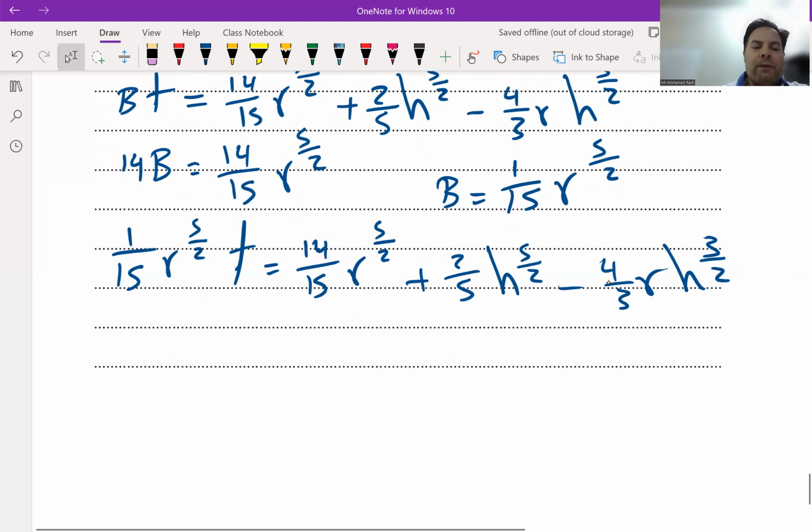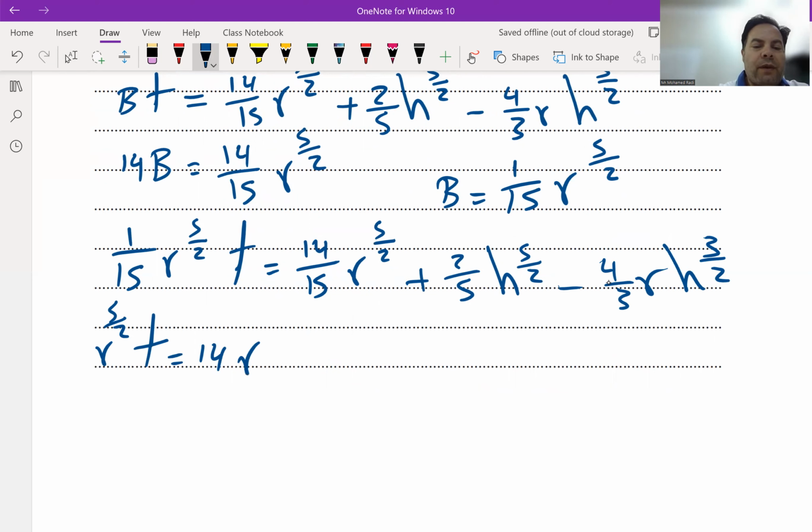You can multiply all by 15 to get the subject. Multiply all by 15: 14 r^(5/2) multiplied by 15 will be 14 r^(5/2), 2/5 h^(5/2) multiplied by 15 will be 6 h^(5/2), and 4/3 r h^(3/2) multiplied by 15 will be 20 r h^(3/2).